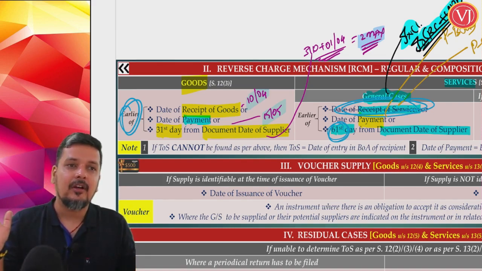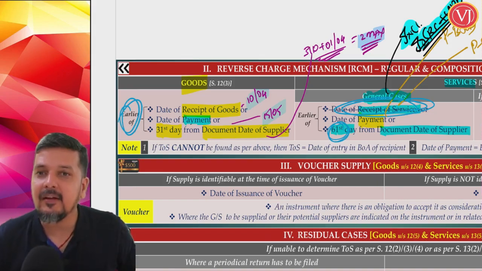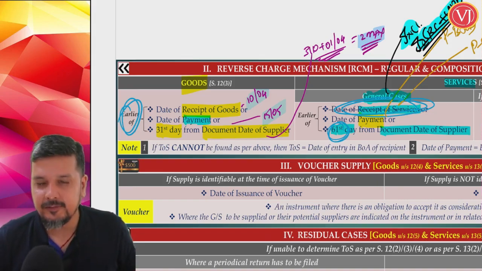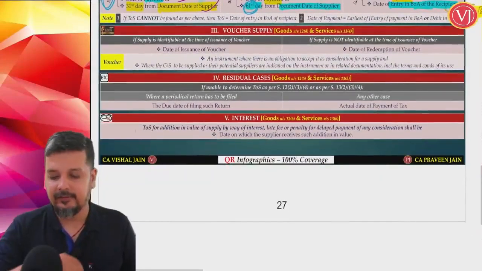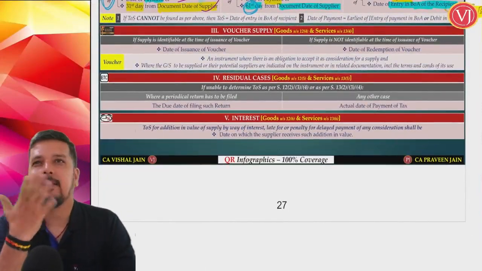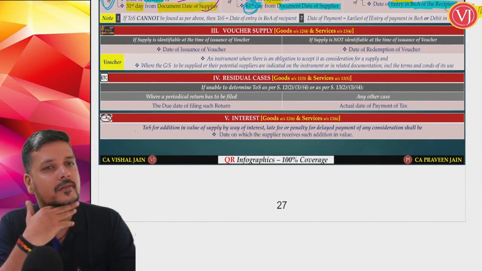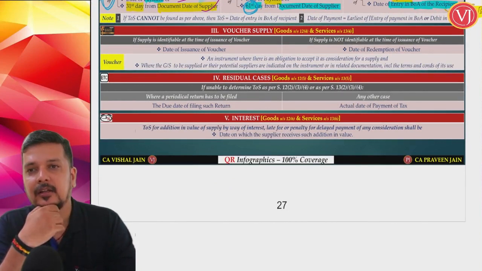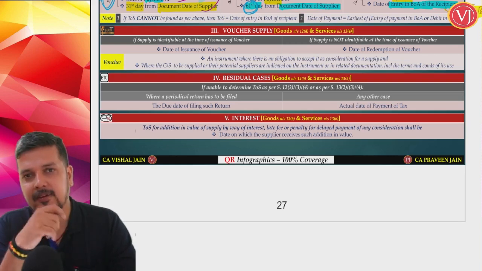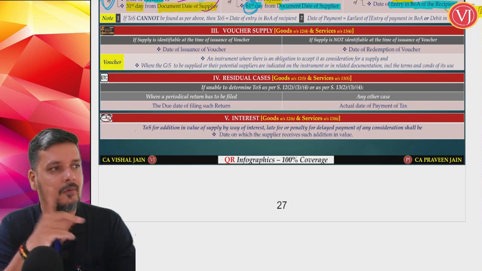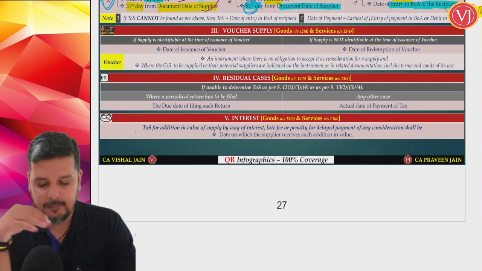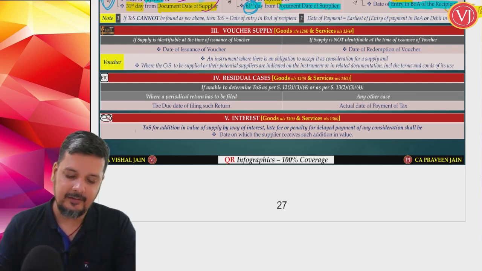Everywhere else, payment is relevant. Now, what is the beauty of all the other three cases? The answer is the same for goods sector or service sector. The section is different: for goods, section 12, for services, section 13. But the answer is the same.